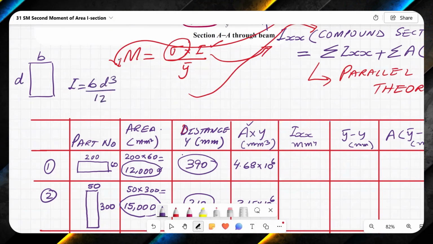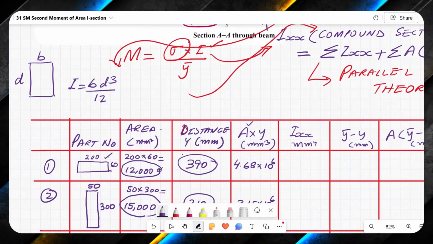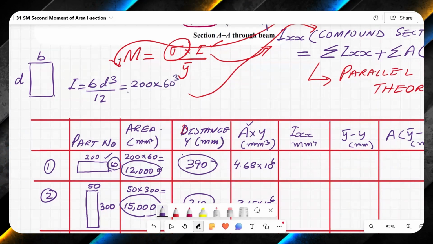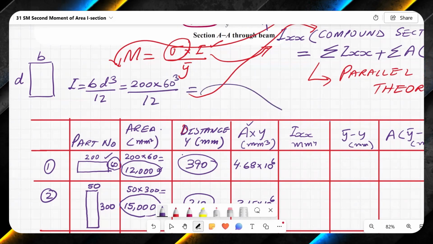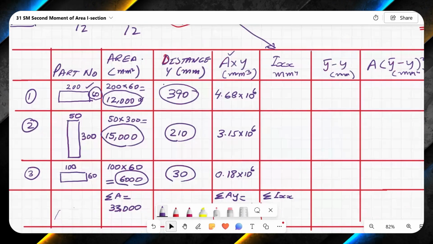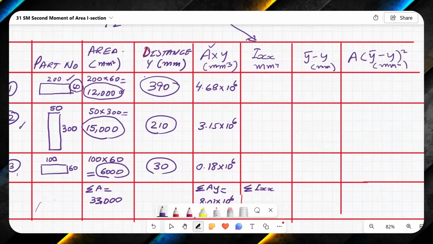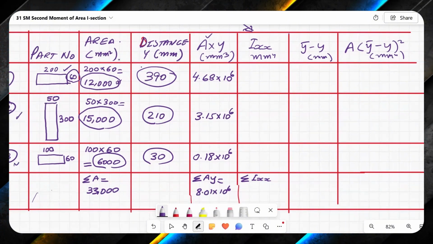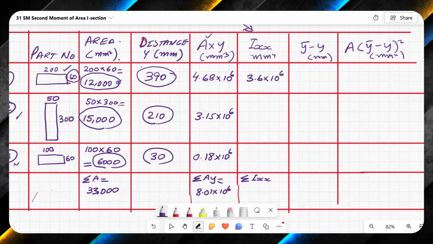There's a cube in D. For the first one, B is equal to 200 times D is equal to 60 cube divided by 12. Whatever value I get, I will put over here. And in the same way, I will find out values for the second part and third part as well. So for first part, it comes out to be 3.6 into 10 raised 6.